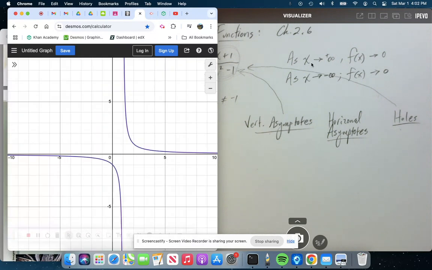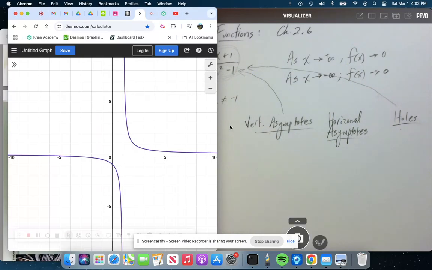I said that as x gets big, so here you see x is getting bigger, what's happening to the graph? It's approaching the x-axis, isn't it? And it's approaching 0 as a positive number, right? It's falling down onto the x-axis and skimming along above the x-axis in the positive region.